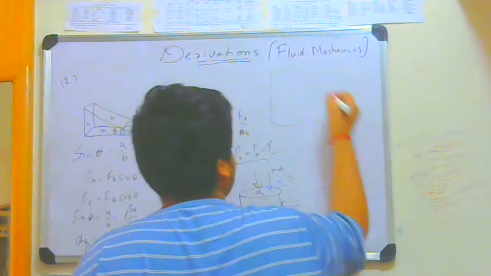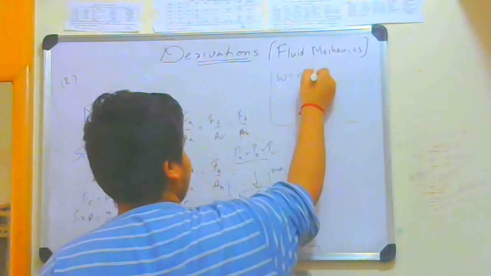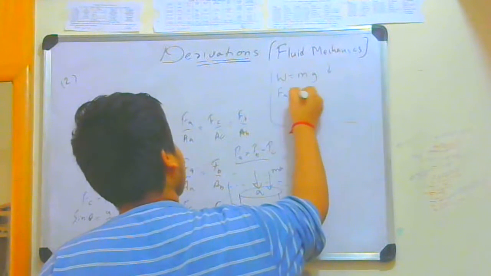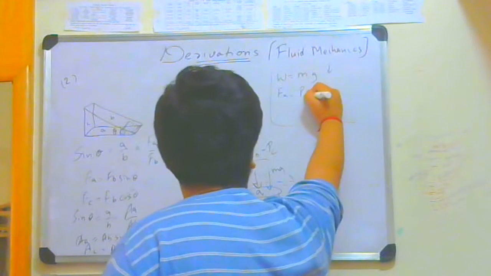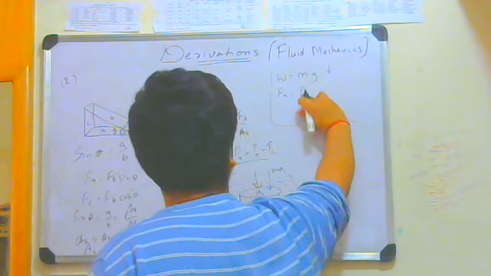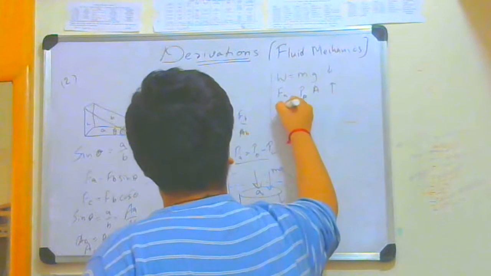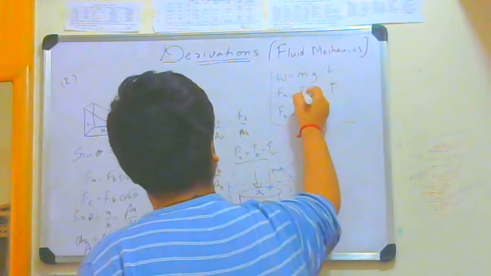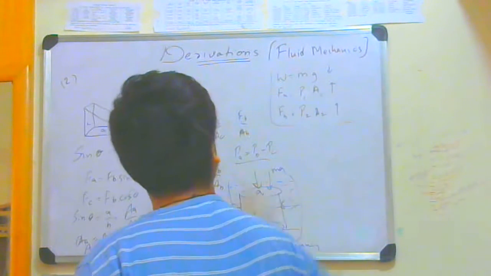So the various forces are weight of the body, that is mg acting downwards, and force of atmosphere, that is p atmosphere or p1 equals what a acting upwards, and force of buoyancy, that is p2a2 acting upwards.